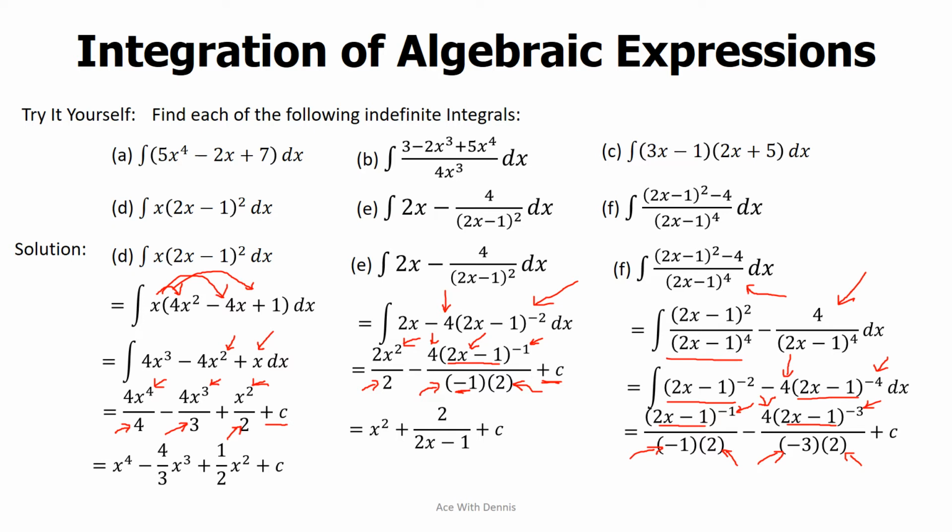Okay, so once you get this, the next step is just simplify and put it into the fraction form. Then we get negative 1 over 2 times 2x minus 1 plus 2 over 3 times 2x minus 1 cubed plus c. So this is the answer for F. Do you get all the answers correctly?